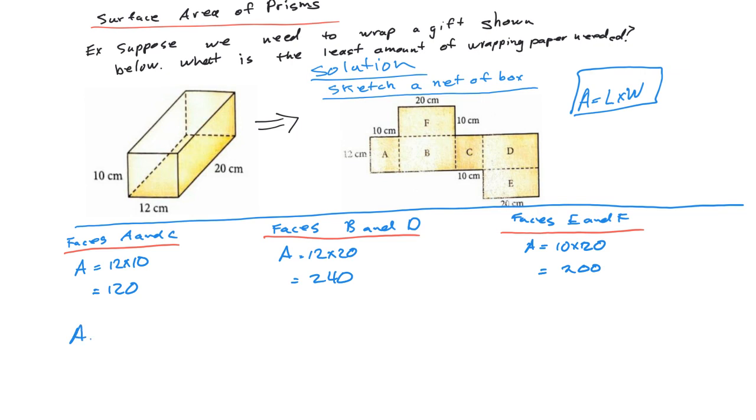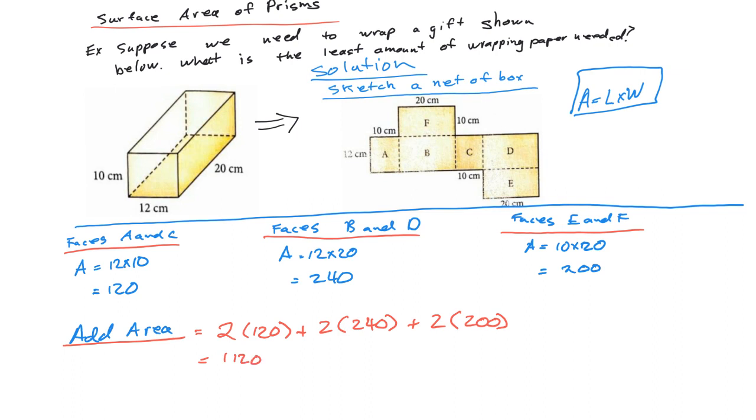Now, we're going to add the area of all the faces to get our final solution. So when we add the areas, there are 2 times 120 plus 2 times 240 plus 2 times 200, which gives us a final answer of 1,120 centimeters squared.